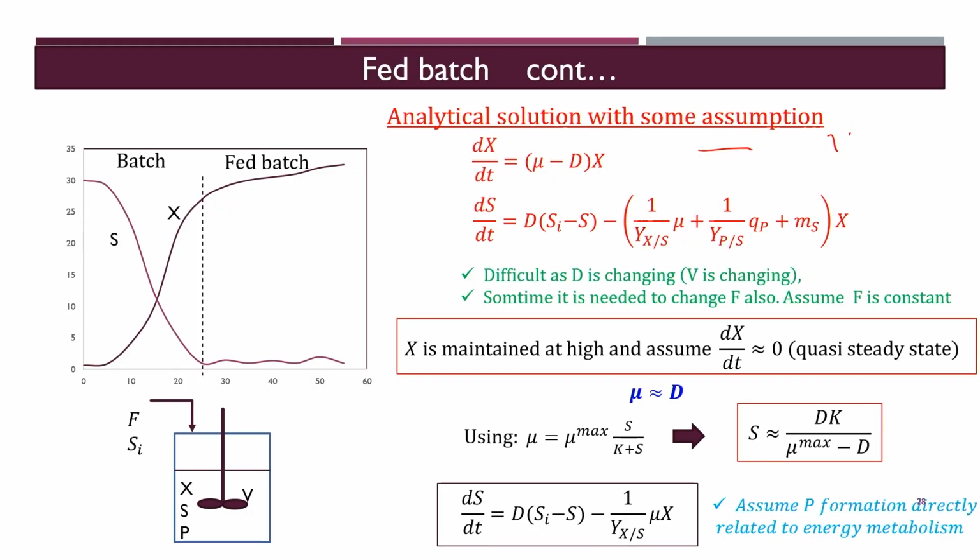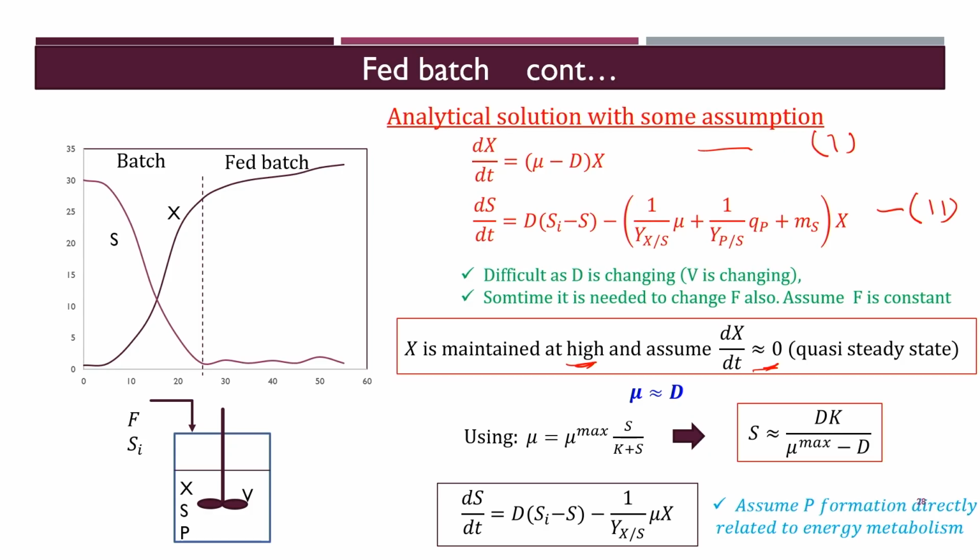Now, if you remember, this is equation 1 for the biomass we derived, and equation 2 we derived for the substrate. So, what we are seeing here is that biomass concentration is high, so we are assuming dx upon dt as 0 at quasi steady state, as I told.